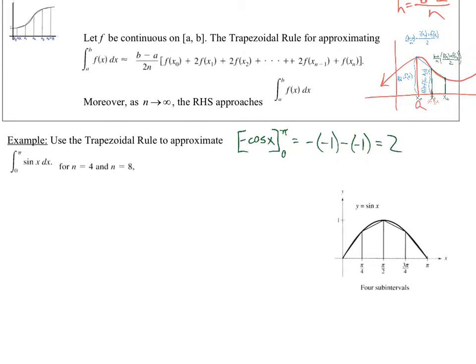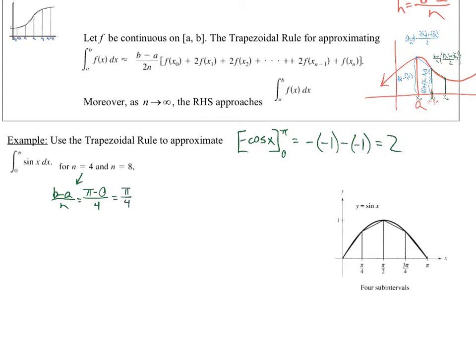Okay? Now, which of these is going to give us a value closer to 2? The 8, because we're using more trapezoids. Okay? So watch this. The b minus a over n is going to be pi minus 0 over 4, or pi over 4.